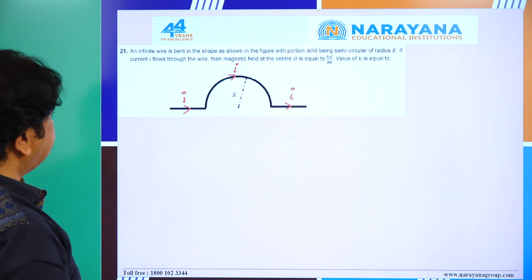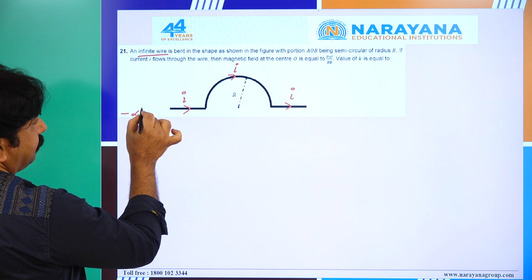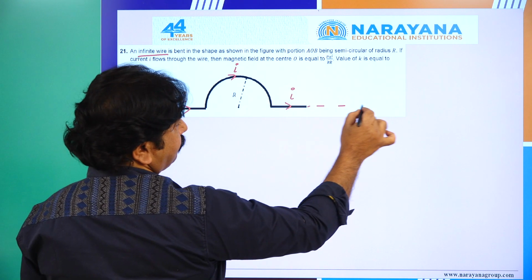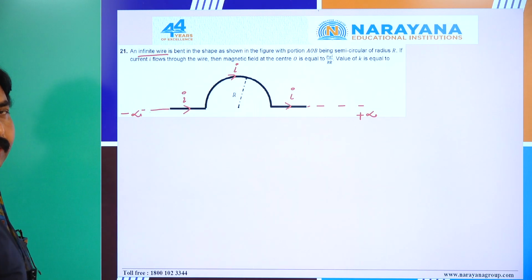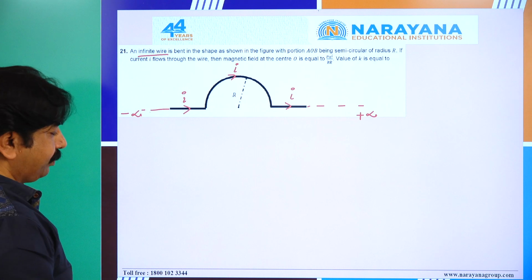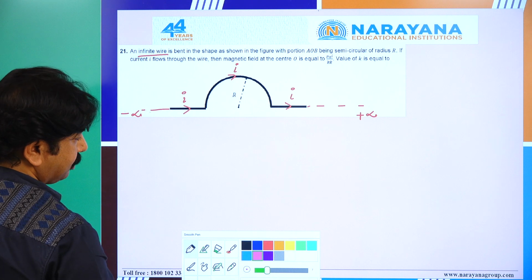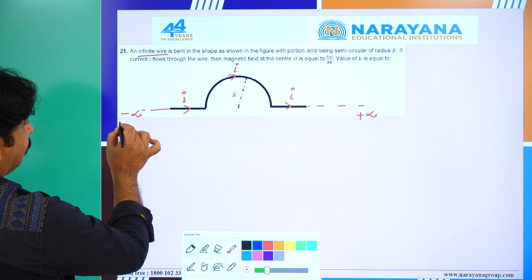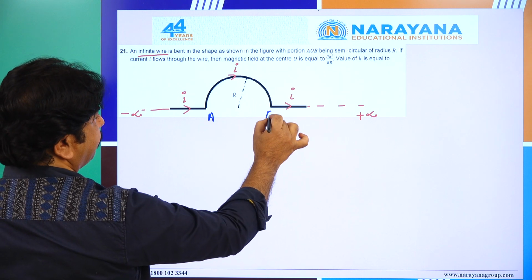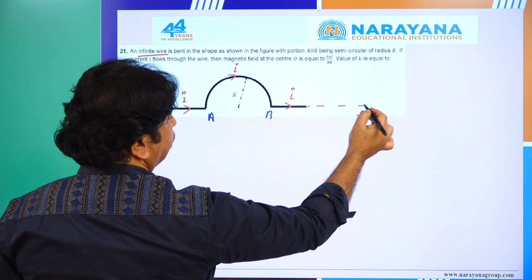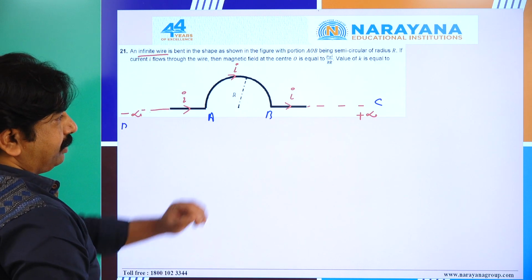It is an infinite wire, coming from minus infinity and passing through to plus infinity. I am dividing the wire into parts: this is A, this is B, this end is C, and this end is D. One by one.